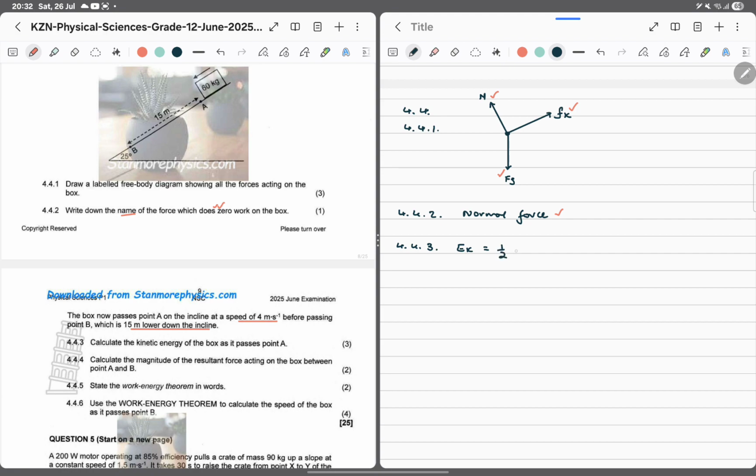EK is half mv squared. This implies that EK is going to be half, the mass is 60, the velocity is 4. Therefore, our EK is 30 times 16.